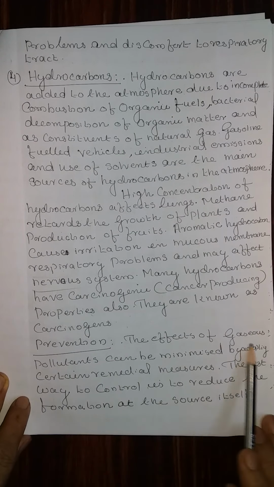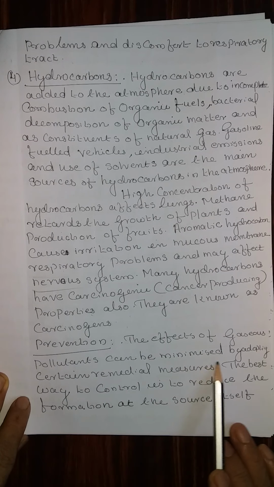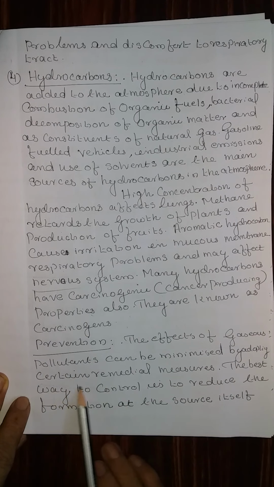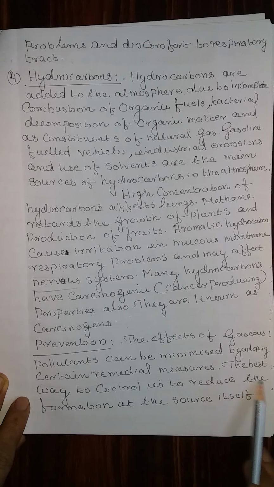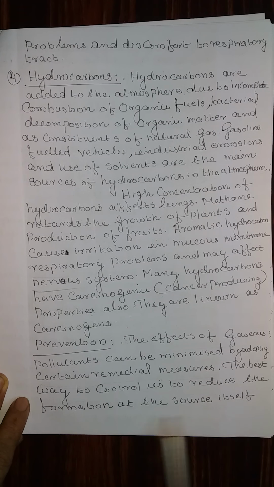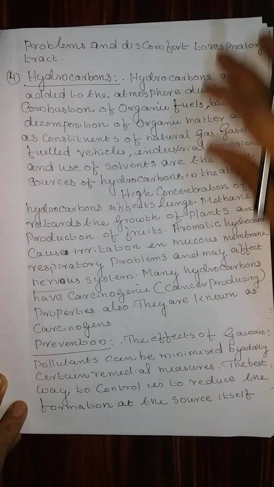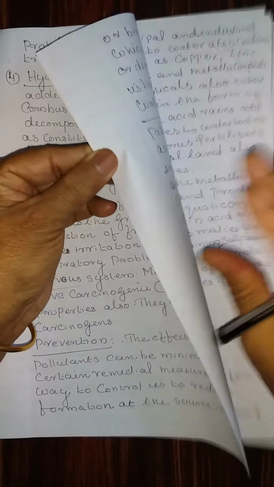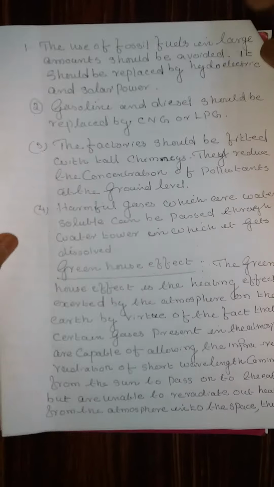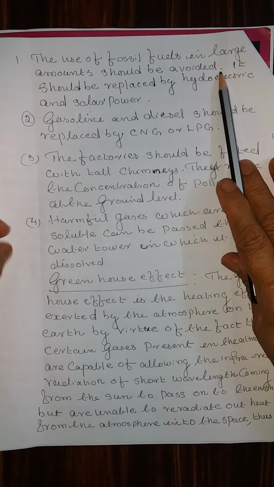Prevention. The effect of gaseous pollutants can be minimized by adopting certain remedial measures. The best way to control is to reduce the formation at the source itself. The use of fossil fuels in large amounts should be avoided.